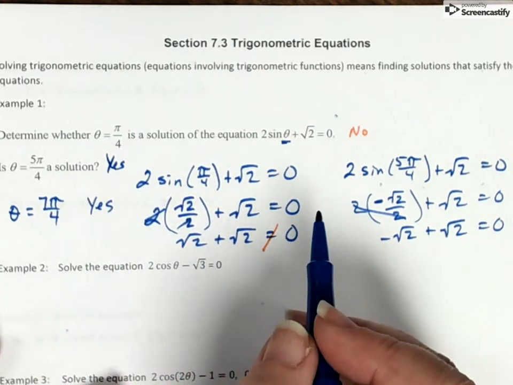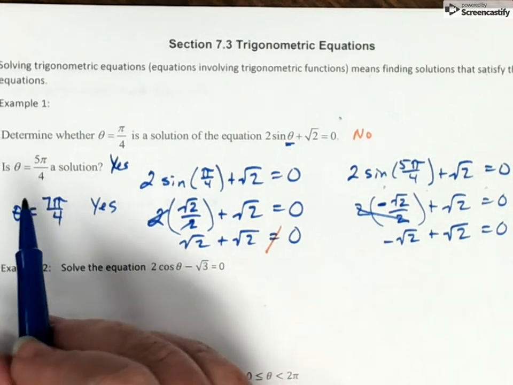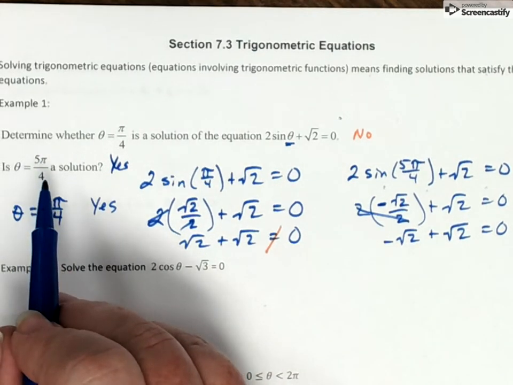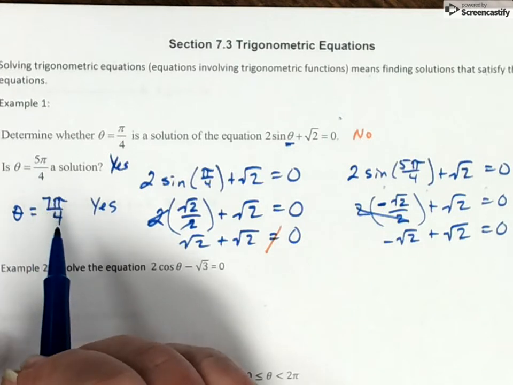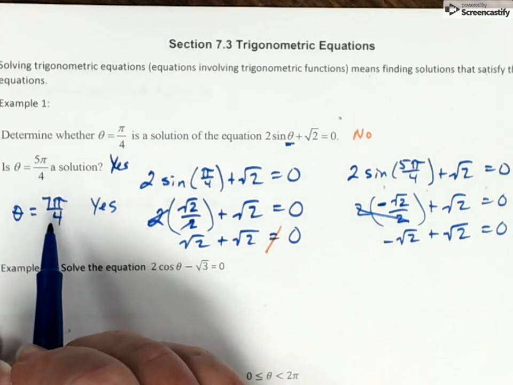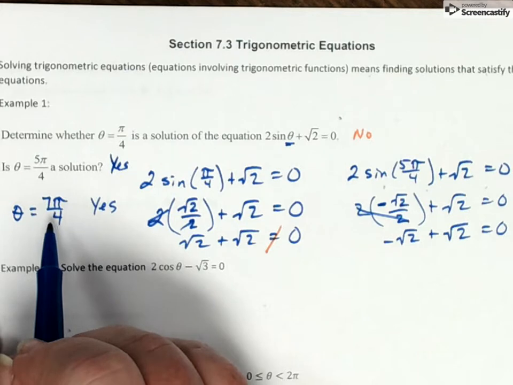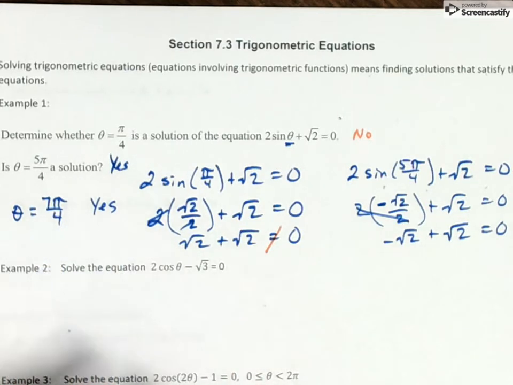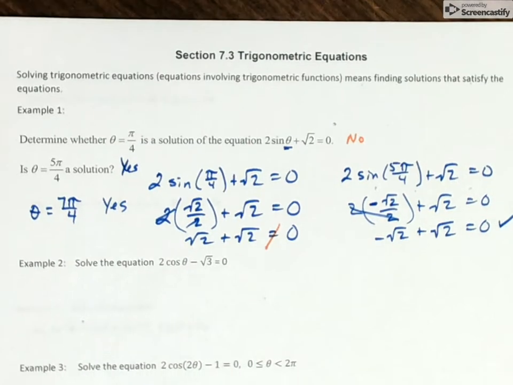But what else would? Think about what else would have the same sine value as 5 pi over 4. What else would have the same sine value as 7 pi over 4? Wouldn't every coterminal angle also give me the same sine value?